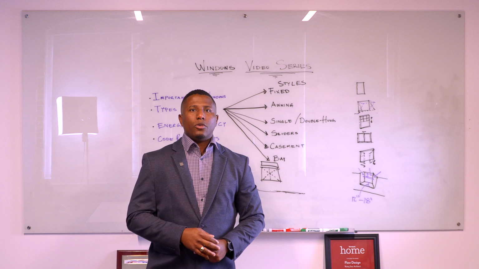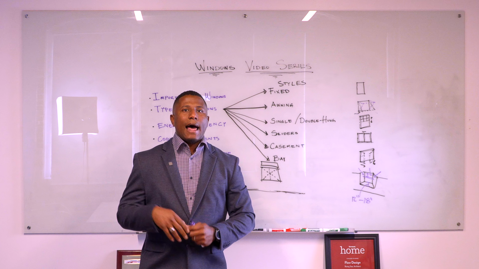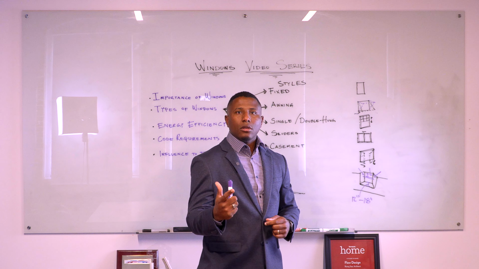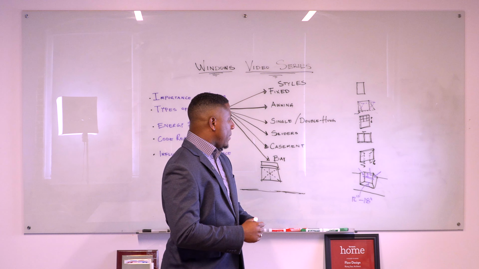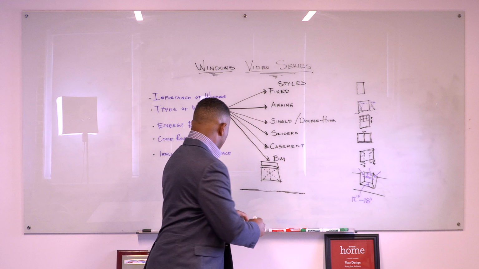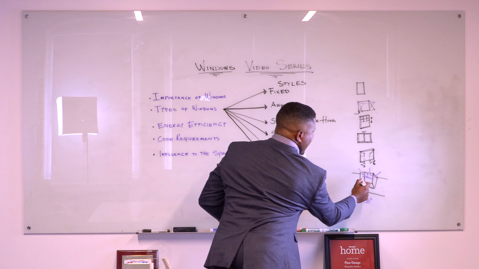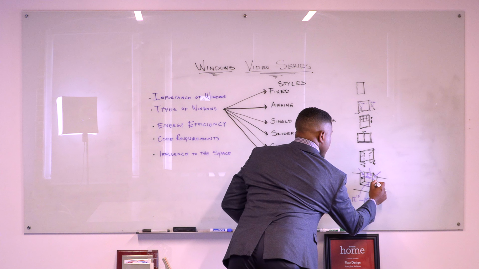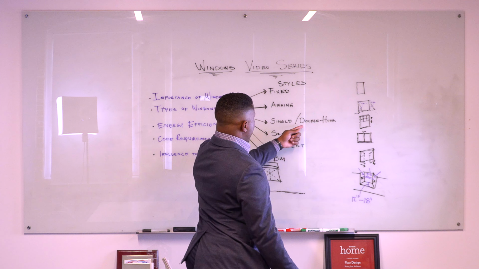Here in New England, we use bay windows all the time, and people like how they function. Sometimes you have a combination of windows within your bay window. What I mean by that is you could have in your bay window a fixed window and a double hung.